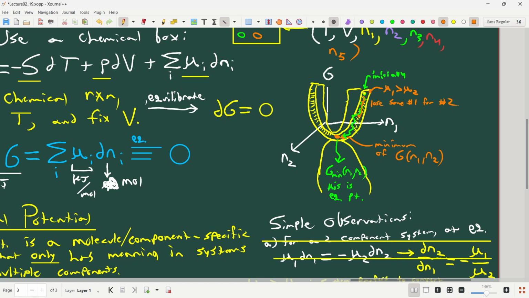Meanwhile, we could be on the other side. For instance, imagine we're over here, and at this point, mu2 is greater than mu1, and that means that the system wants to lose 2 and make 1.